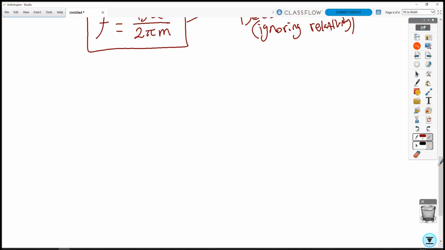So let's get some limitations. So 1, the cyclotron has to be large enough so that the particle you're accelerating can do orbits inside of it. The cyclotron can't be smaller than the orbits.